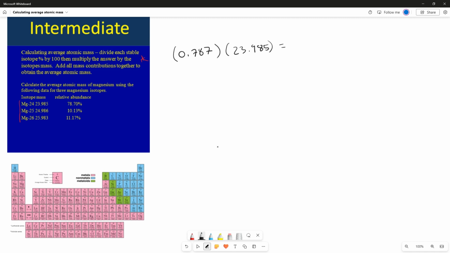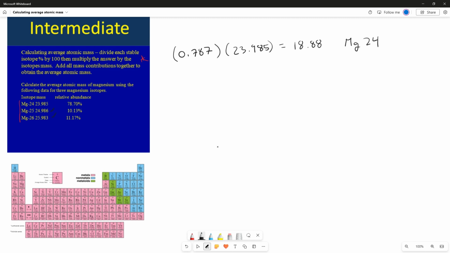When we do that, we get an answer of 18.88. And this is the mass that that isotope is going to contribute to the average atomic mass. And that was for magnesium-24. Now we need to do the same process for magnesium-25 and magnesium-26.